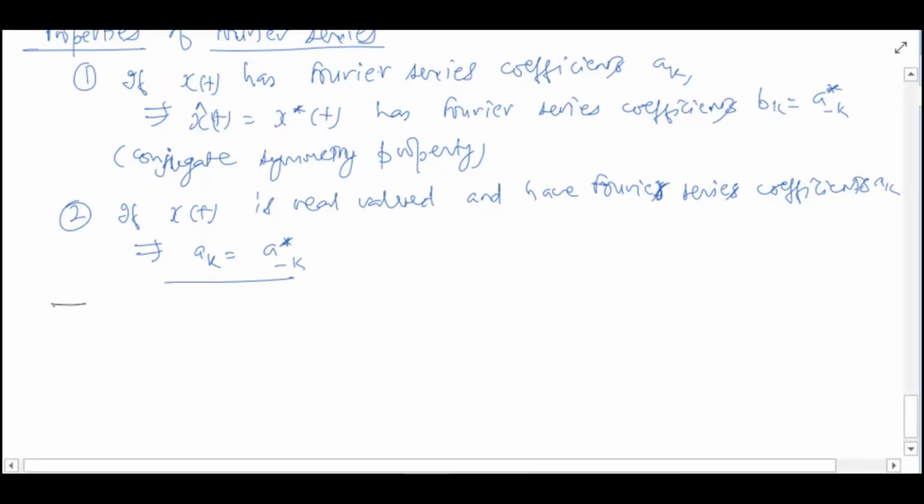Next point is, given a periodic signal x(t), how do we find Fourier series coefficients a_k for x(t)?